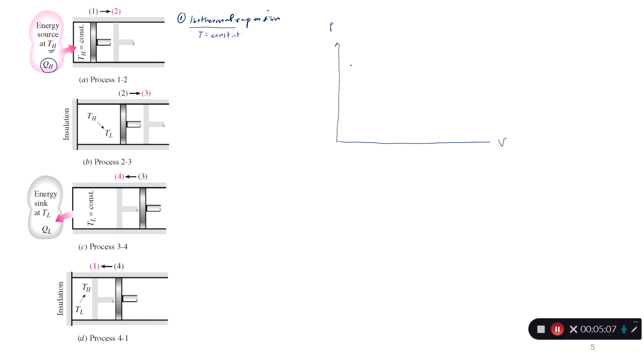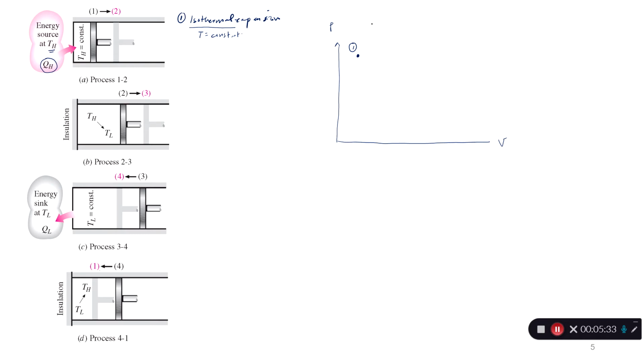Okay, so initially it's at some pressure and some volume. Let's say it's here at point 1. So it's expanding isothermally. If you recall, boundary work, isothermal expansion, isothermal compression, we also did a graph there, and to find the boundary work is P1 V1 ln V2 over V1, all of that.